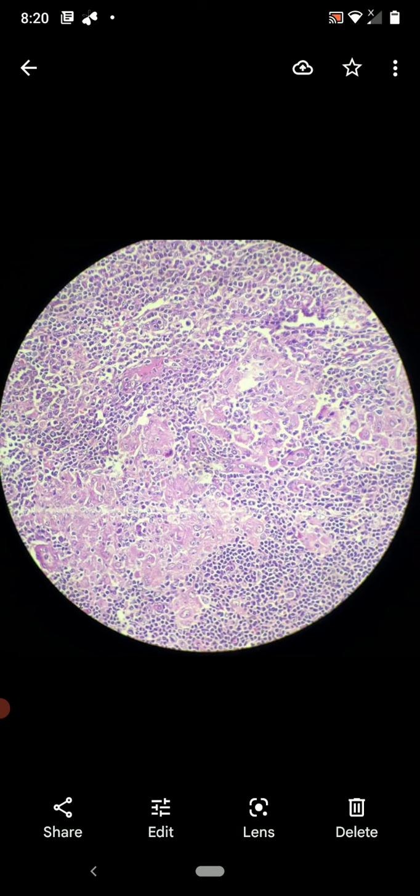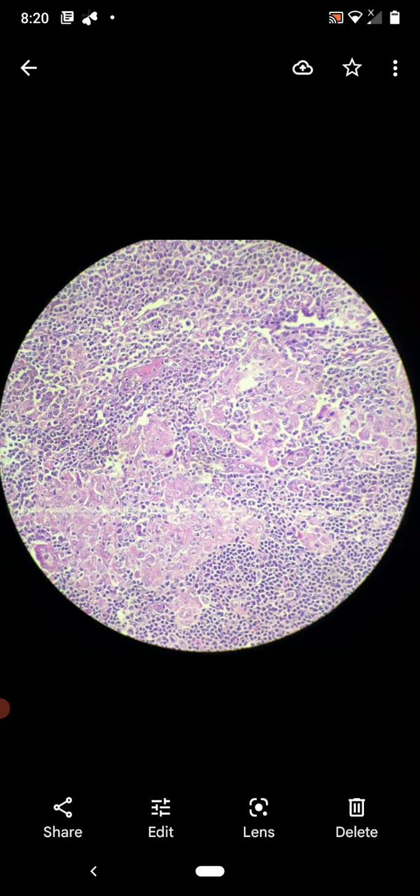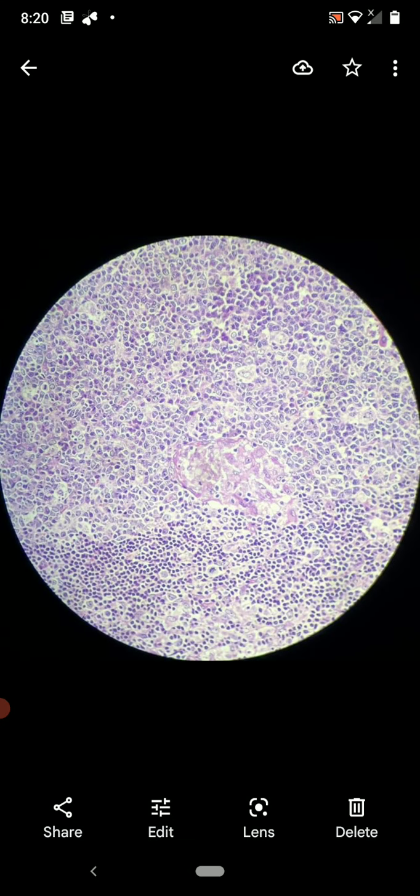It is important to make a diagnosis of Toxoplasma lymphadenitis for three important reasons. One, we can exclude a diagnosis of lymphoma. So this will be a great relief to the patient.